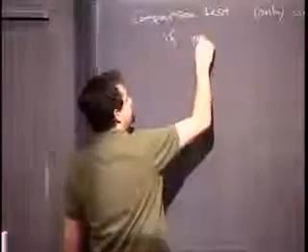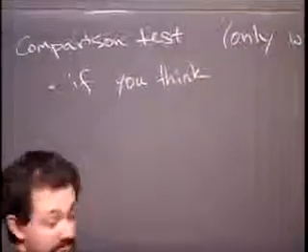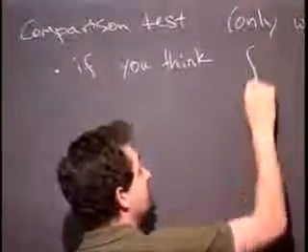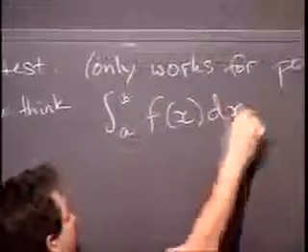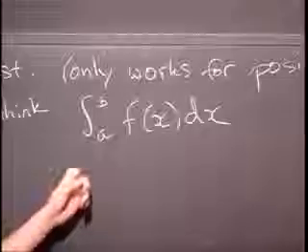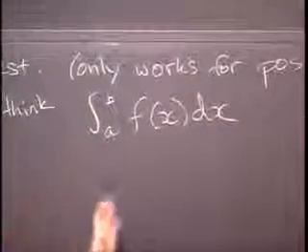If you think, and of course you might be wrong, but if your intuition is that this improper integral here, where you have a problem spot at either A or B, but not both and not in between.